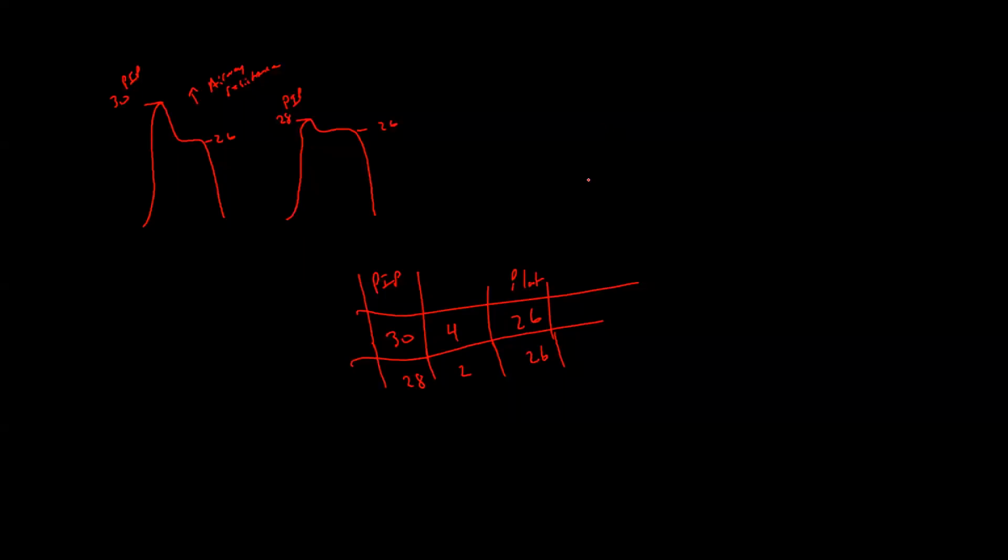Okay, so let's say we have this, and we have this. Now, if this stays the same, if that's 30 and that's 30, and this is 26, and now this is 28, then that would be showing that your lungs are getting stiffer.